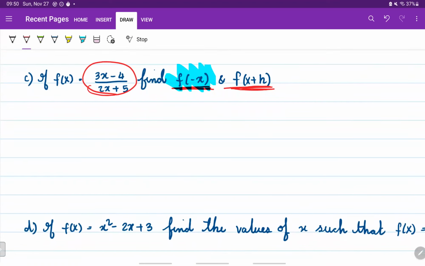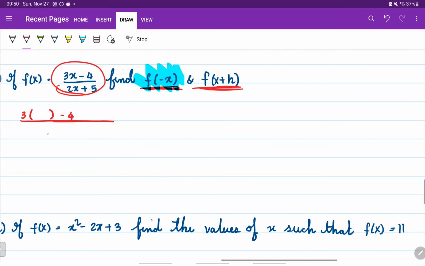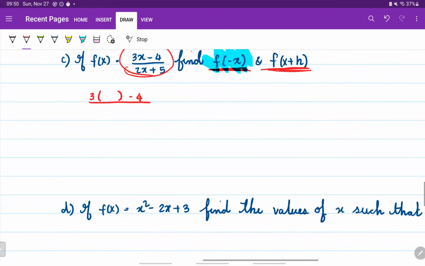Just using the trick I used before, where I put a parenthesis every time there is an x to make things simpler and to reduce errors, we have 3 times parenthesis minus 4, divided by 2 times parenthesis plus 5. And now here we are finding f of negative x. So every time there is a parenthesis, you put a negative x in it, and then you evaluate.